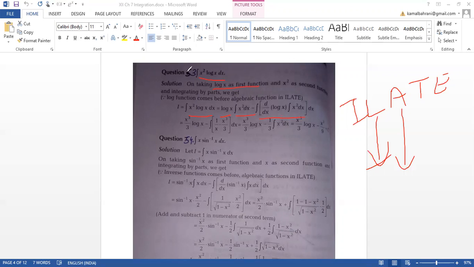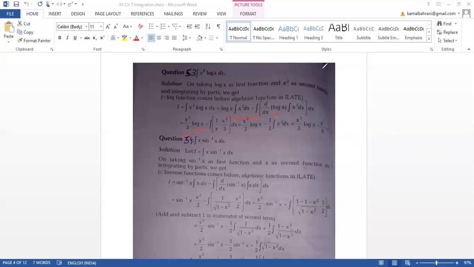Now what you can say about this? Just see, in the third step, log x as it is, integration of x square dx will be x cubed by 3. If you want, you can write plus c1 or c2, otherwise we can write c at the end. Now just see what we are having. Differentiation of log x will be 1 by x. Integration of x square will be x cubed by 3.